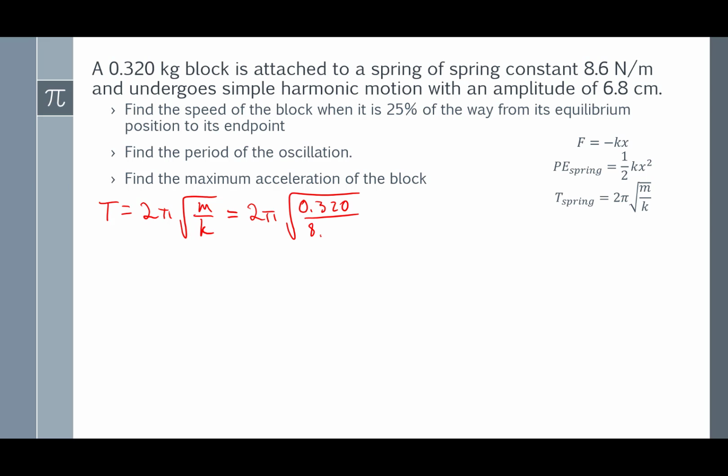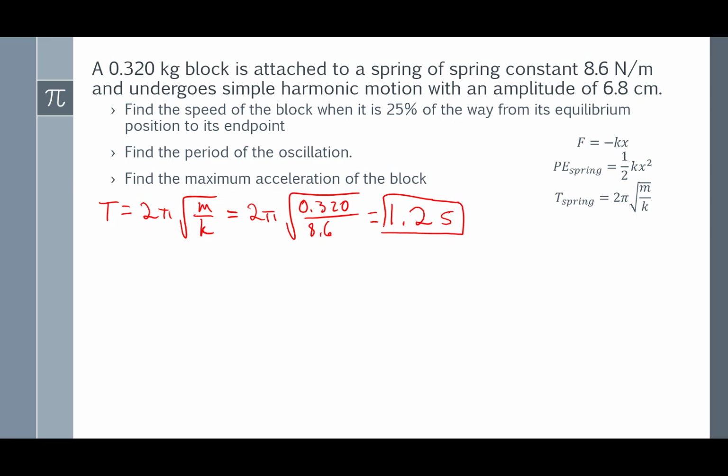K is 8.6 newtons per meter. Plug in our numbers. Period is going to be 1.21 seconds, or to 2 sig figs, 1.2 seconds.